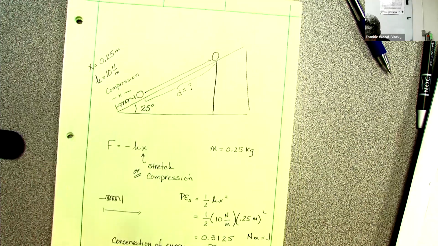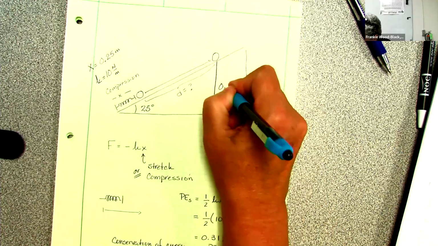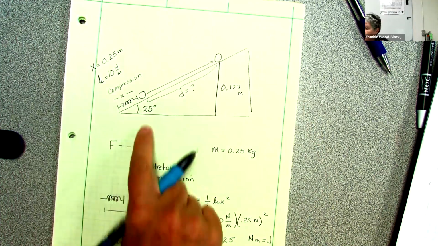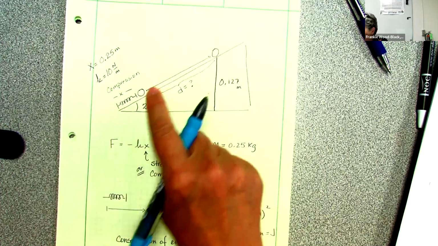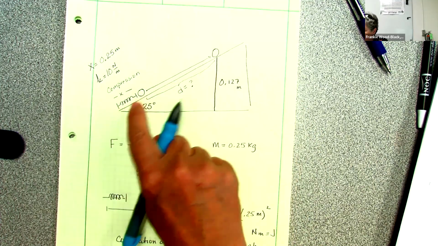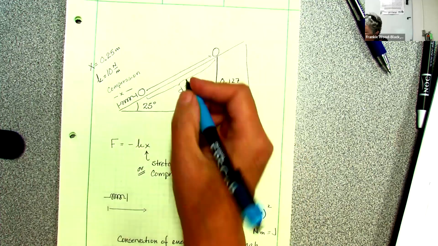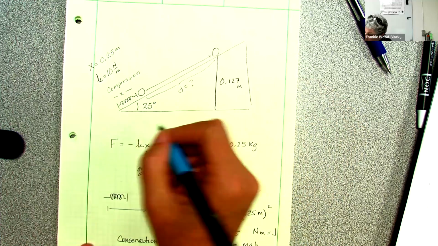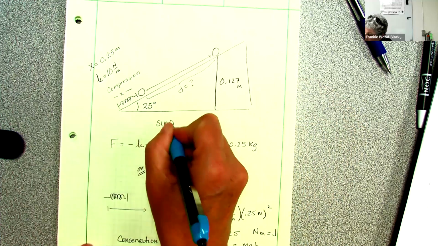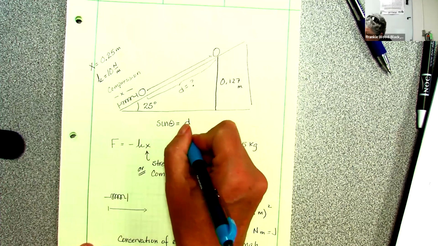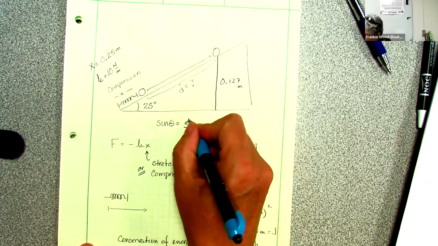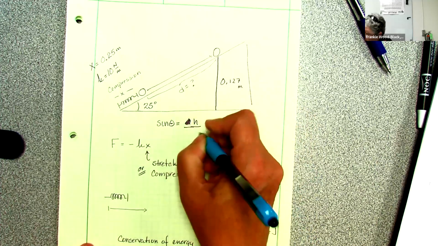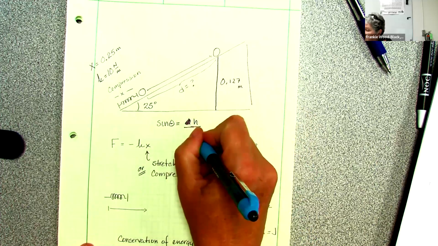So what this is saying is there's my triangle up this ramp, and this side is 0.127 meters. I know my angle. And if we make the assumption that this is just starting from our bottom, even though I didn't draw the picture as pretty as I would like to, the sine of my angle is equal to the height divided by the distance.